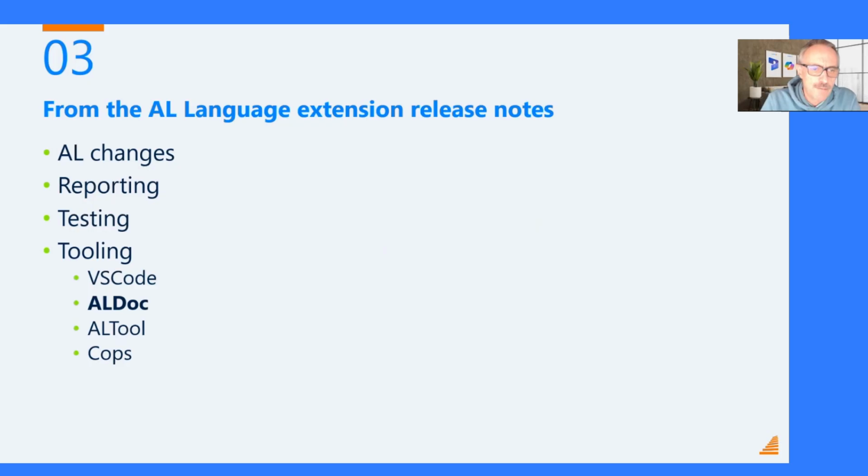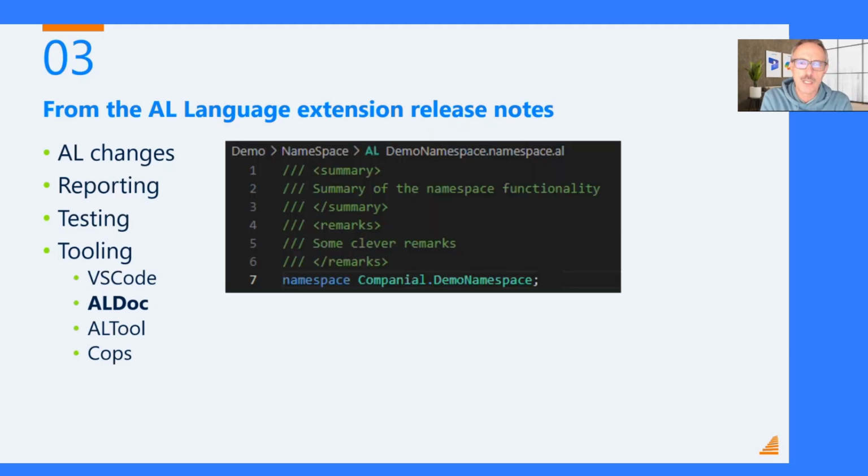Then for a while we have had this ALDoc tool, which can make documentation from your code. One of the things that was not yet available is the definition of your namespaces. So what you can now do is make a specific file, and that file needs to have the name of your namespace followed by .namespace.al as the file name.